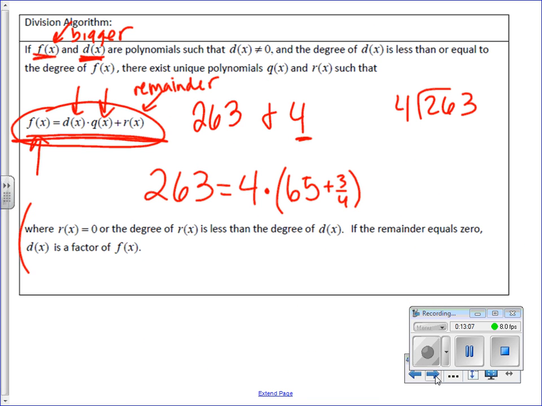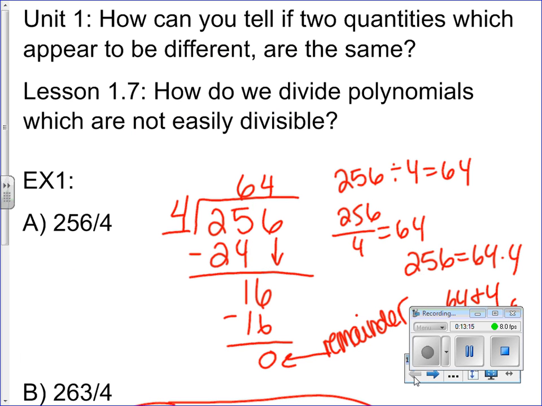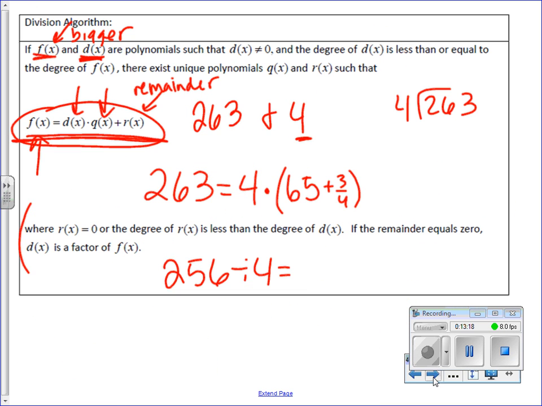256 and 4. So 256 divided by 4, what was it? I forgot. I'll go back. 64. It was 64, right? There was no remainder with that one. So what that means is that 4 is a factor of 256.